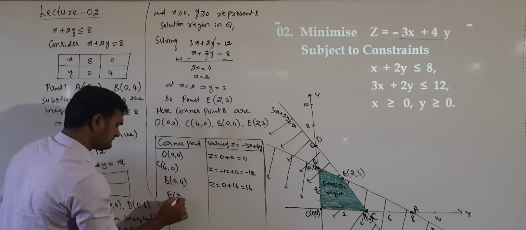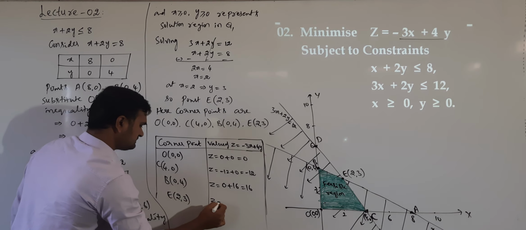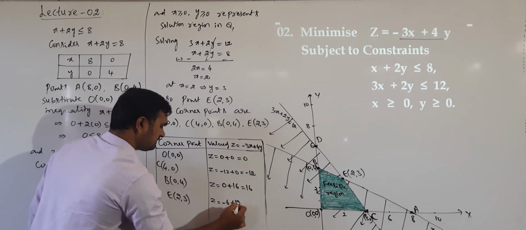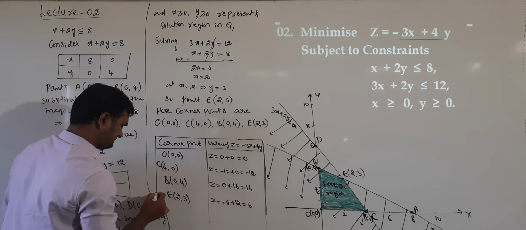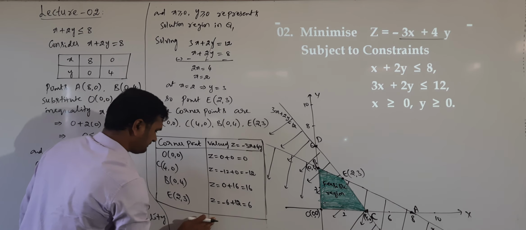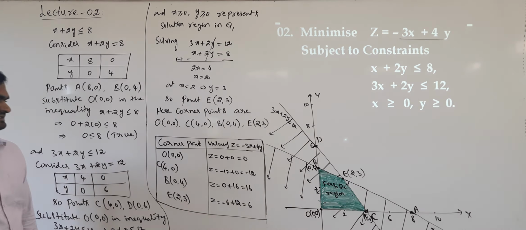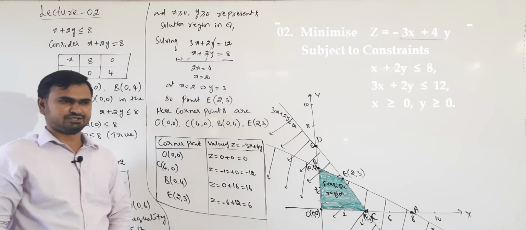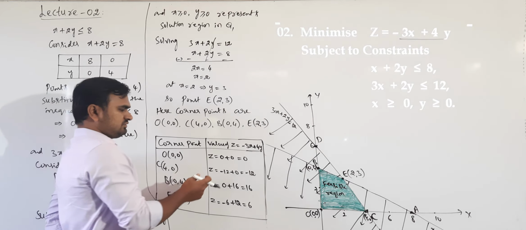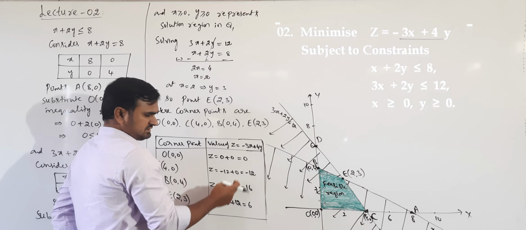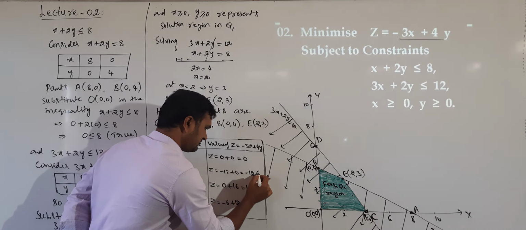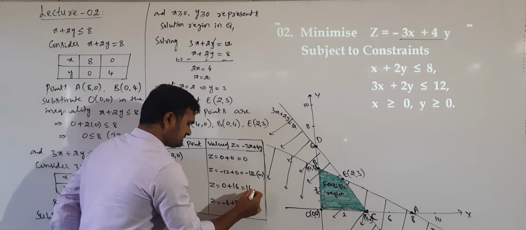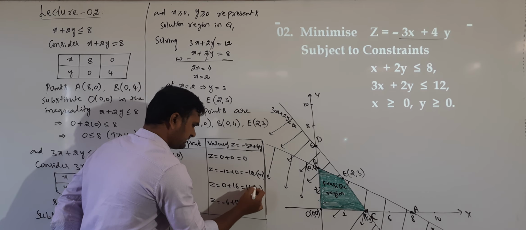Next, E is 2, 3: z is minus 6 plus 12, which is 6. So these are the values of the objective function at each of the corner points. Now, what is the least value of all these? Minus 12 is the least value. I will denote it by small m. Next, the greatest value is 16. I denote it by capital M.